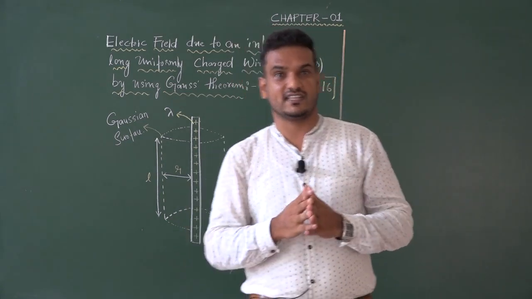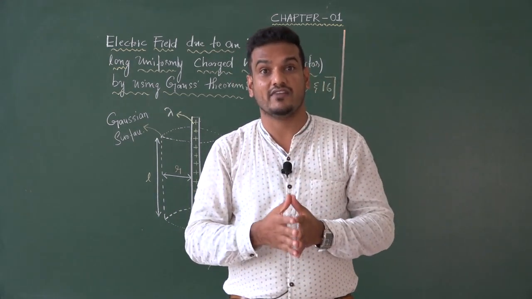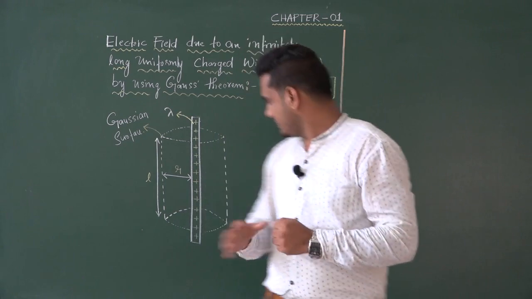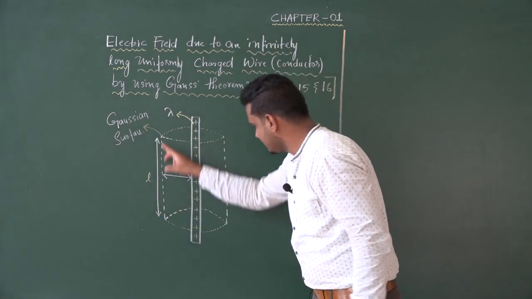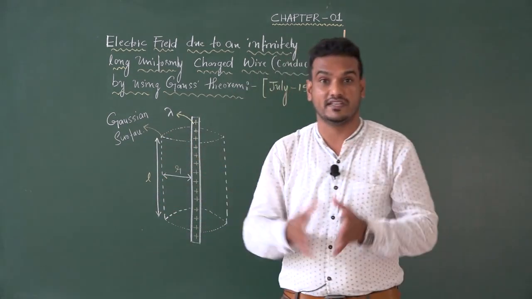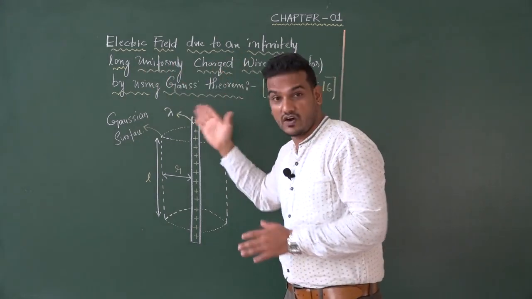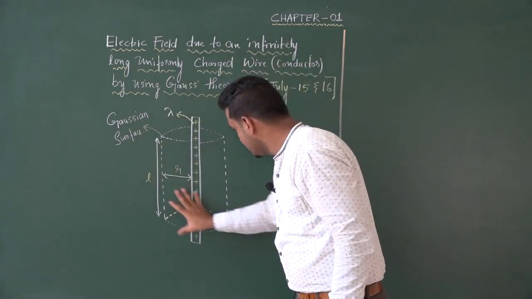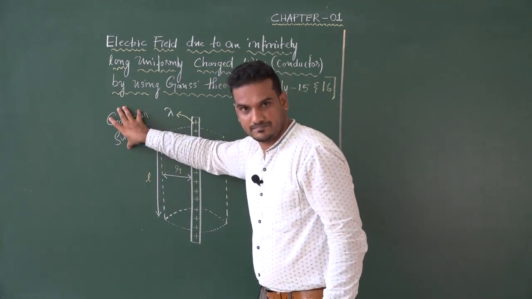Gaussian surface is nothing but an imaginary closed surface enclosing the charged body. Look at this, the dotted line. I consider a cylindrical Gaussian surface, which is very convenient in case of an infinitely long straight wire or a conductor.